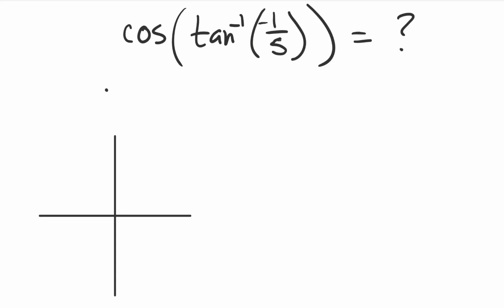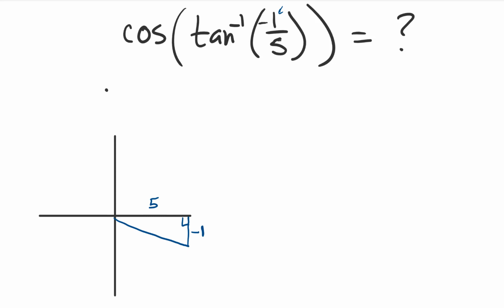If this is negative, you must be in the 4th quadrant. So you draw a triangle in the 4th quadrant, which would say the opposite is negative 1. That makes sense. That should be negative down there. And the adjacent is 5.